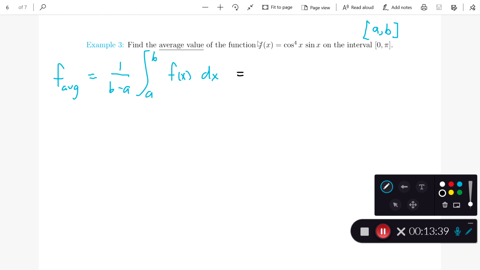So in order to do this calculation, what we're really doing is 1 over pi minus 0, integral from 0 to pi, of cosine of x to the power 4 times sine of x.